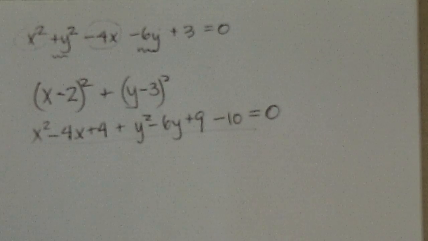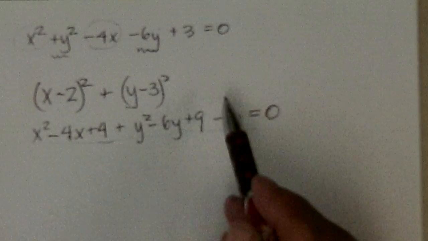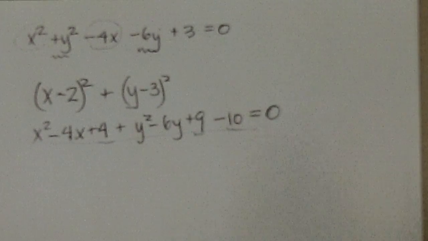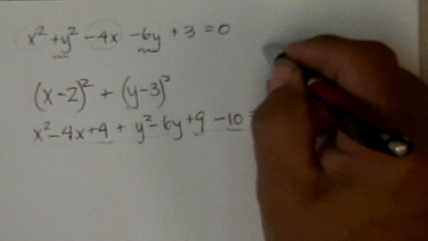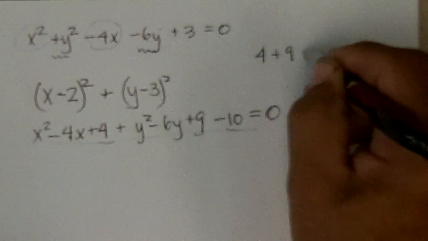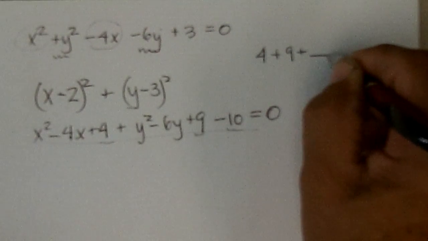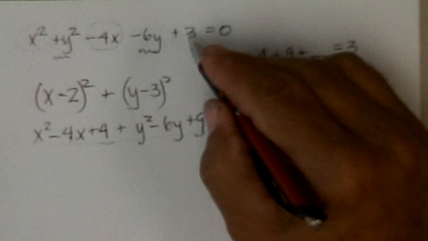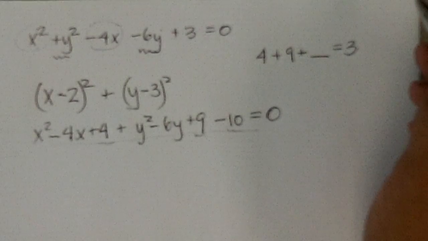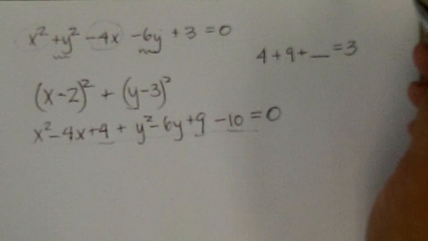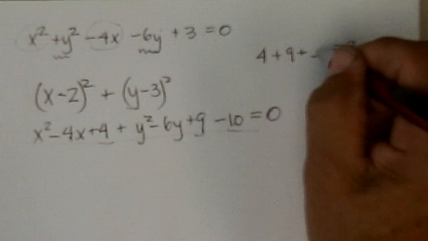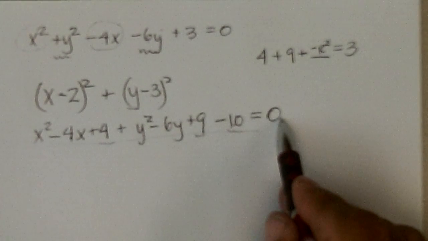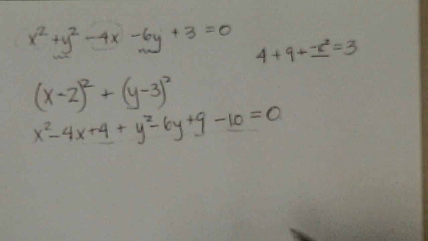Okay? So these constants now make a plus 3. And I could write that as 4 plus 9 plus something equals 3. And that something was the negative of the radius squared, because if we move it over, that would be the radius squared, if you look back at it.